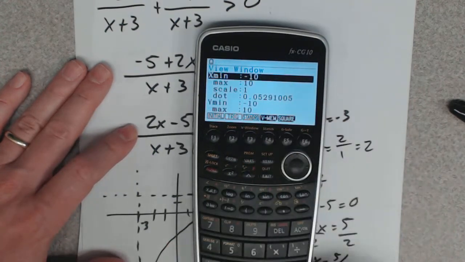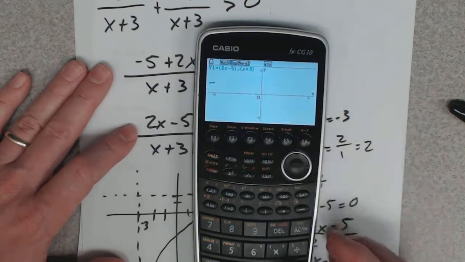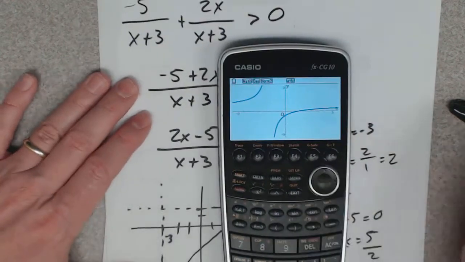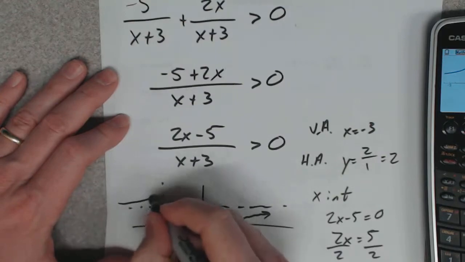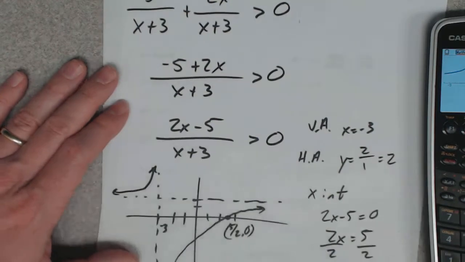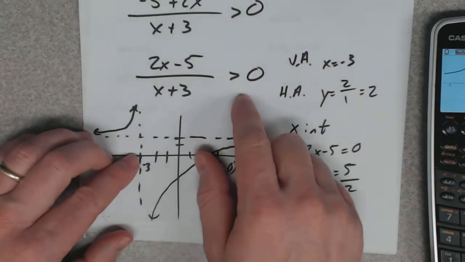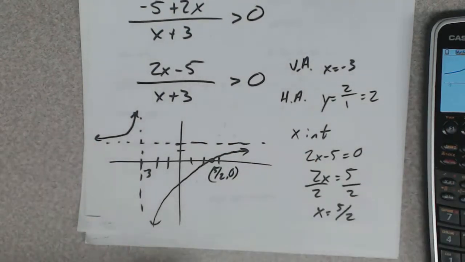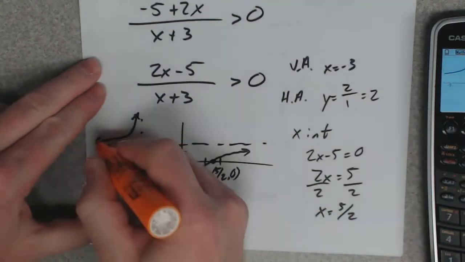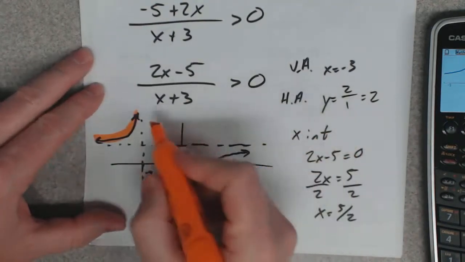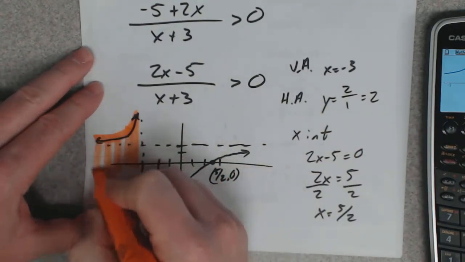Go back to a standard window. There it is. Okay, so now we want where the graph is greater than 0, where the graph is positive. Well, where it's positive, this whole piece over here is positive. So we need to include that in our interval notation.